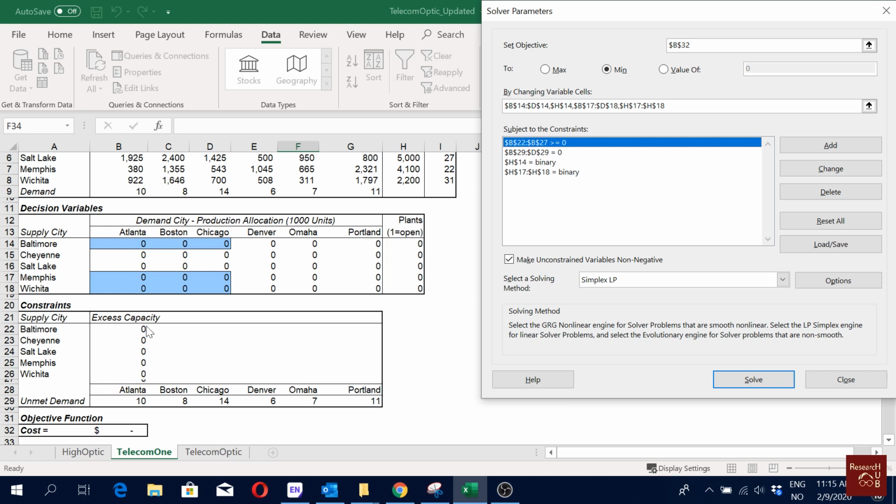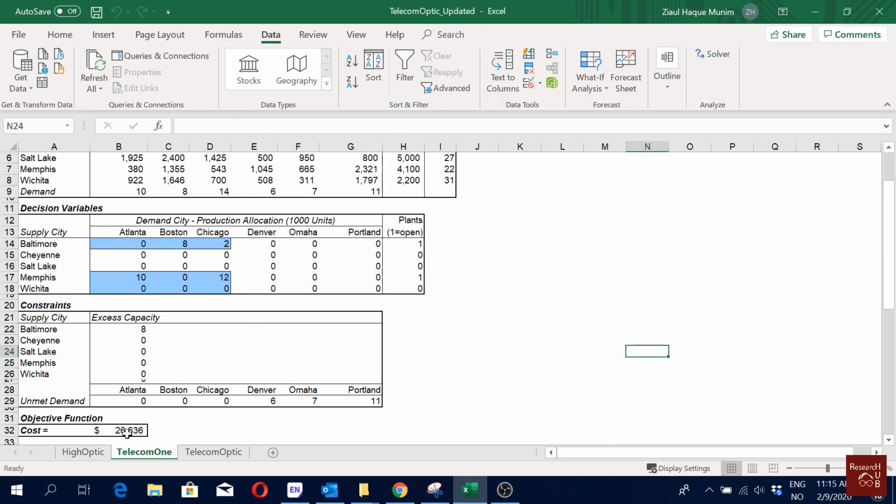But it's okay to put all of them because the rest which are not used will not be considered, as they are not in the decision variable cells here. And B29 to D29, this part to this part, should be 0. Our unmet demand should be 0. And we say that H14 should be binary, and also H17 and H18. These two should be binary. And then we click solve.